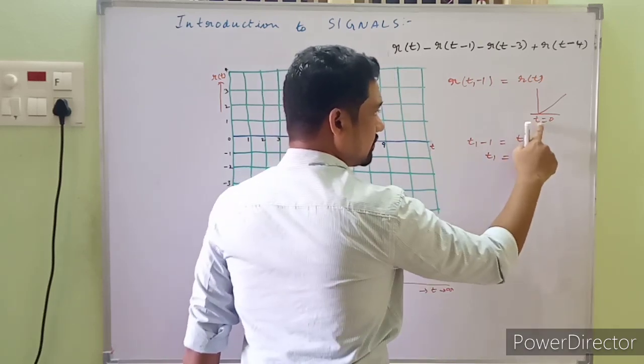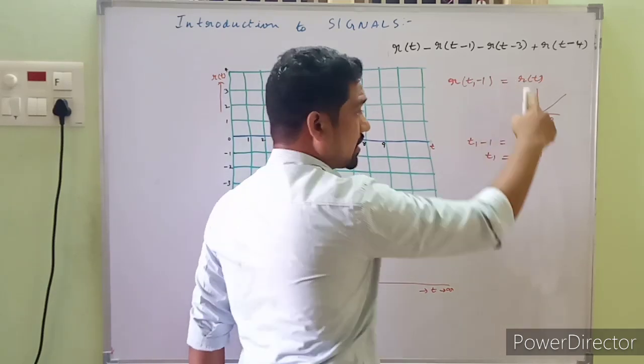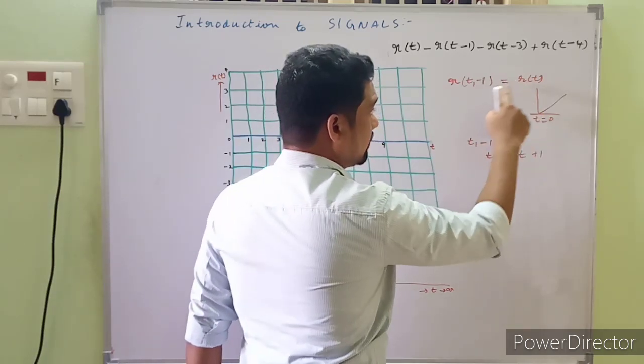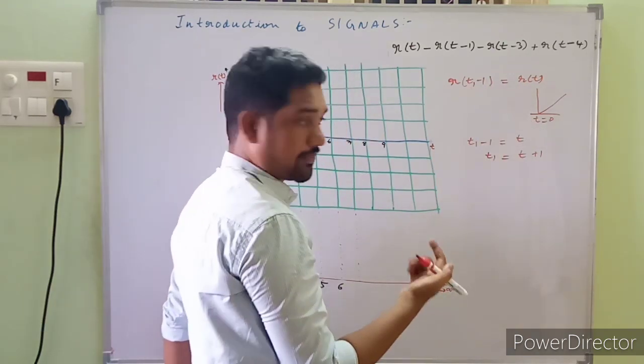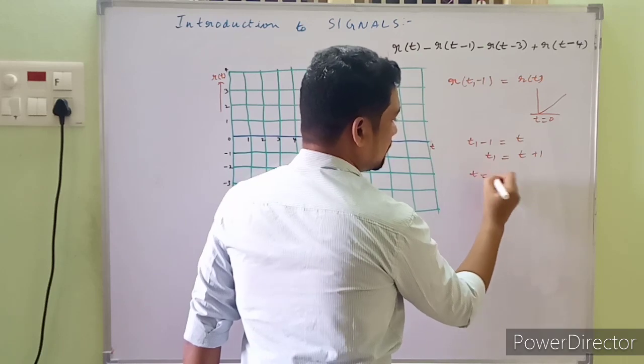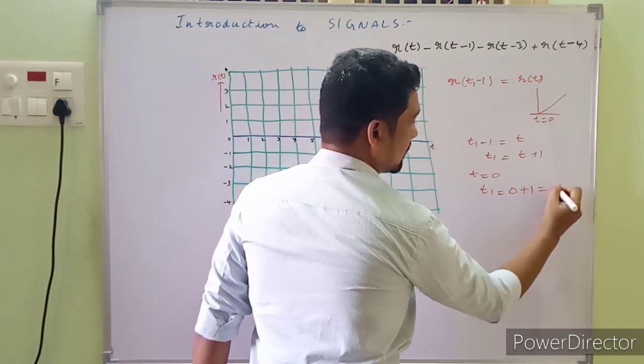It starts from the original version. The actual R of t starts from t equal to 0. So for the manipulated version, when t1 equals 0, my t will be equal to 0 plus 1, which is equal to plus 1.